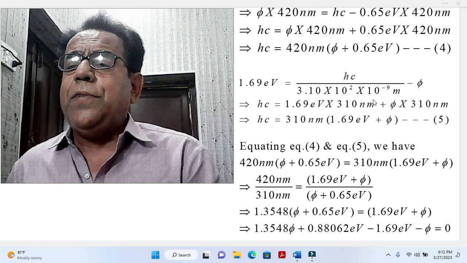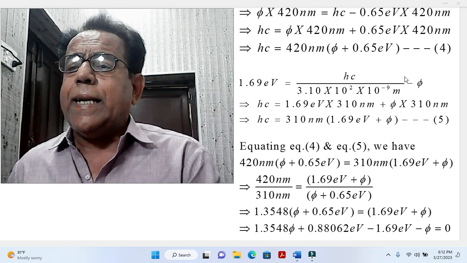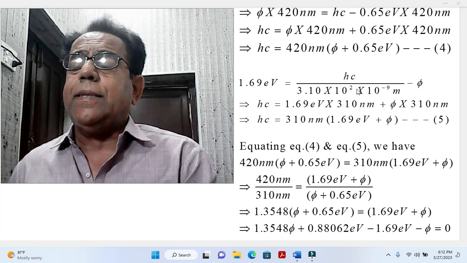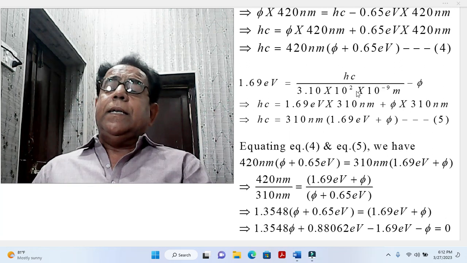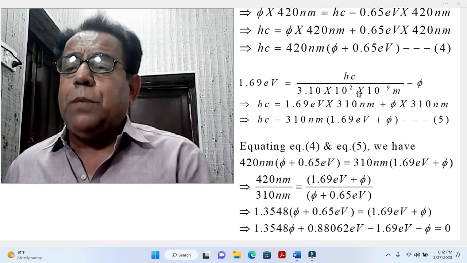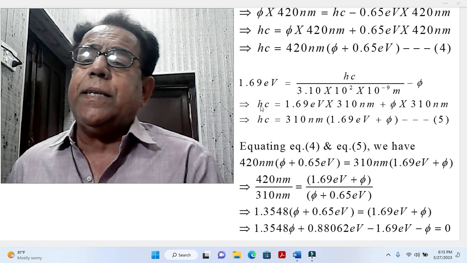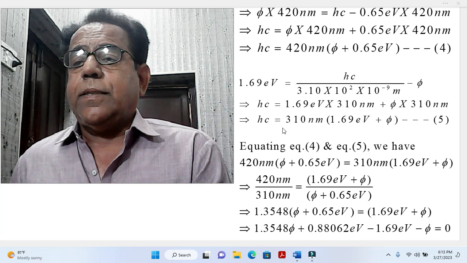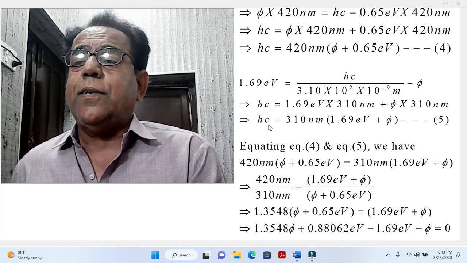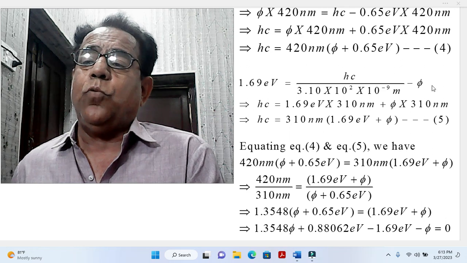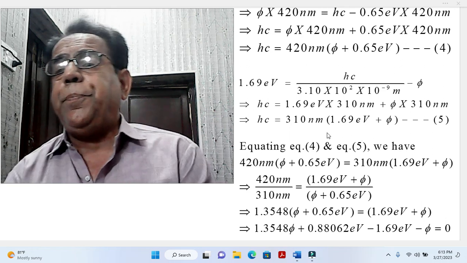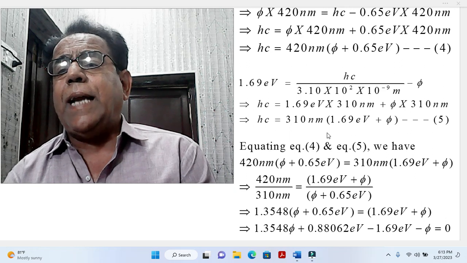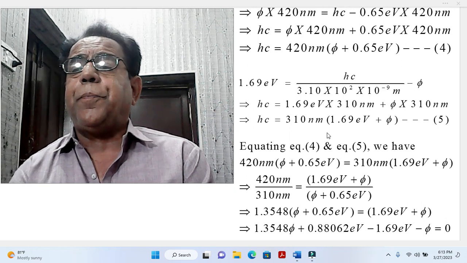In other words, we will take the LCM of this, and hence Hc minus this into this, and in the next step this factor in the denominator will be shifted to the other side of equality, and hence Hc is equal to this plus this. This implies that Hc is equal to this. Equation number 4 and 5, just a rearrangement, nothing else.